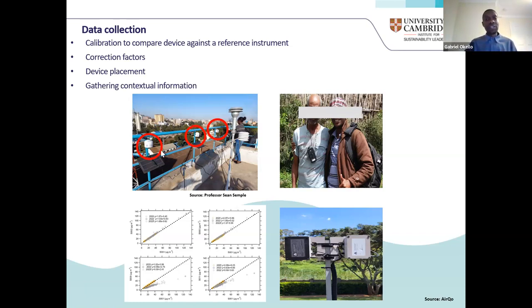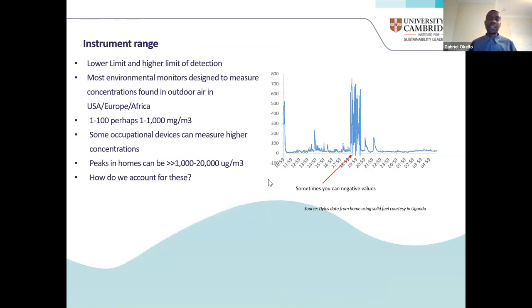Then once you correct the low-cost sensors with a reference monitor, that really sets you off into the measurement aspect. But also, one of the things we need to put at the back of our minds is the range of these devices. Most devices measuring outdoor air pollution have a range that is in most cases lower than those doing household air pollution or occupational exposure.